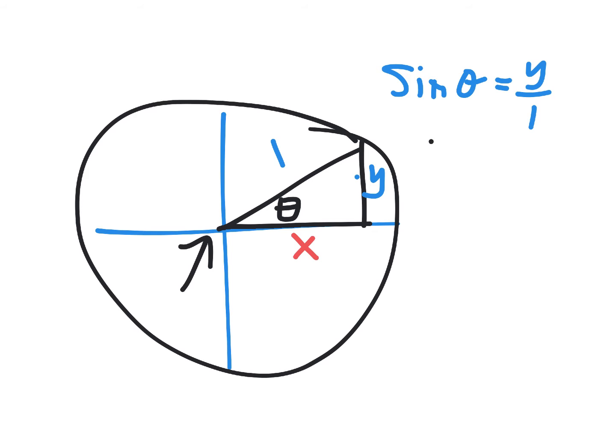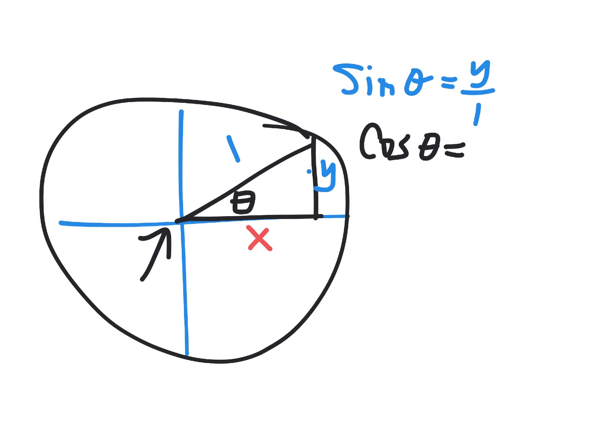What's the cosine of that central angle? X. Do I even have to put over 1? Because over 1 just means like you leave it alone, right? So sine is really just y. I'm going to actually erase this out because I don't need that 1. It is y divided by 1, but that's just y.